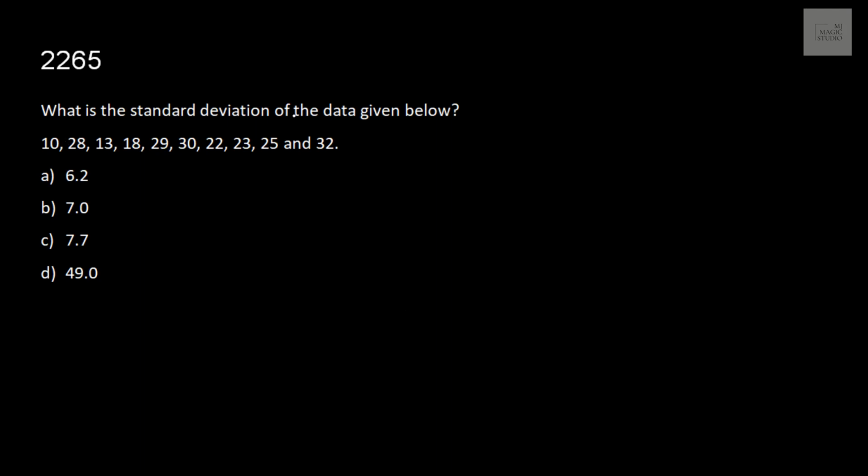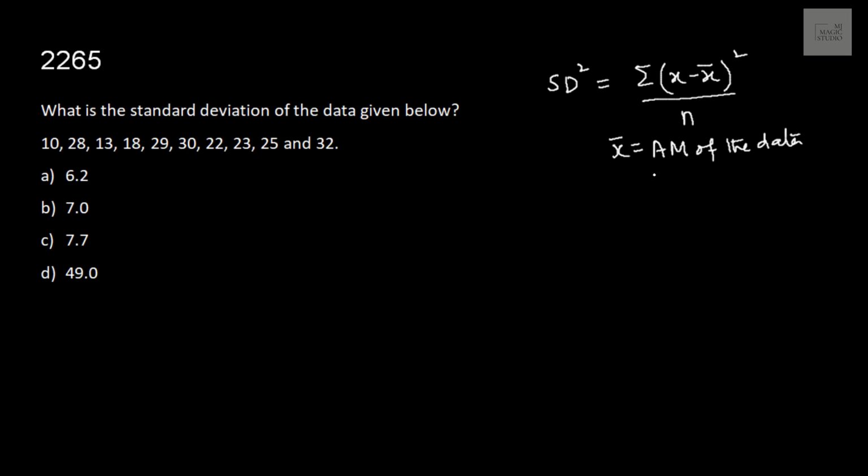What is the standard deviation of the given data? Okay, first we need to know the formula. Standard deviation square is summation of x minus x bar whole square by n. Now what is x bar? x bar is the arithmetic mean or simple average of the data, which is calculated as total of all the values divided by n.